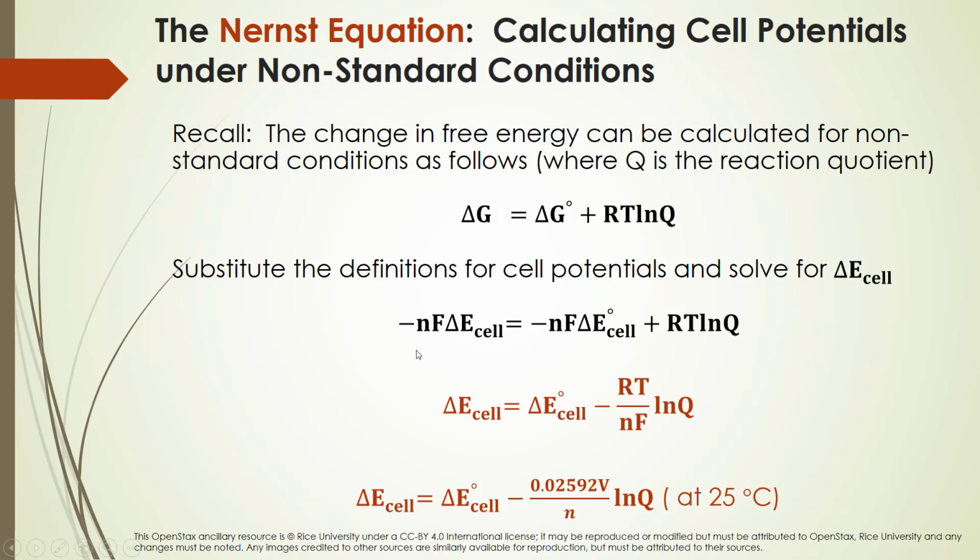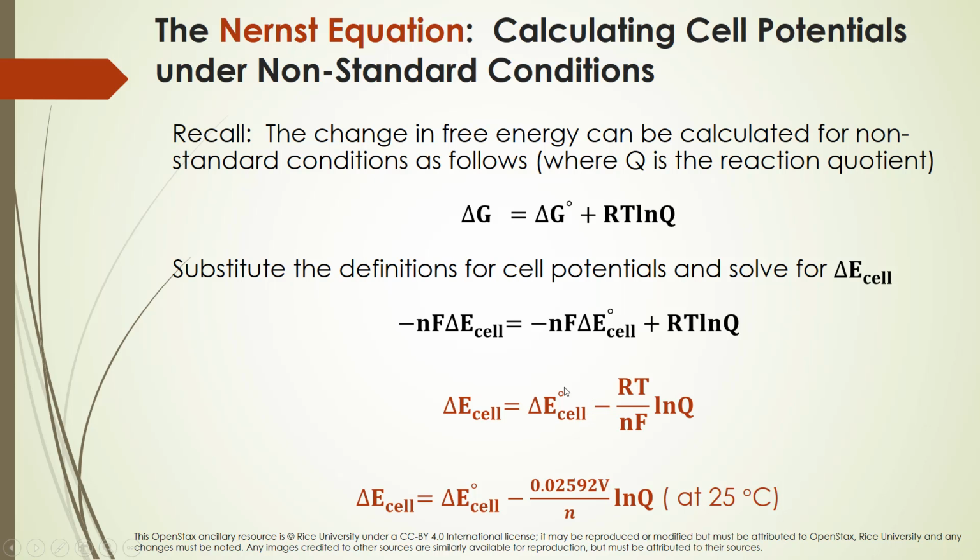Negative nF delta E cell, that's under non-standard conditions, equals negative nF delta E not cell, so that's the cell potential under standard conditions, plus our correction term, RT natural log of Q. Now, when we divide each term by negative nF, we're going to cancel out and have just the cell potential under non-standard conditions.